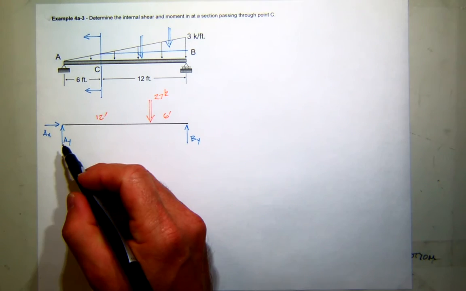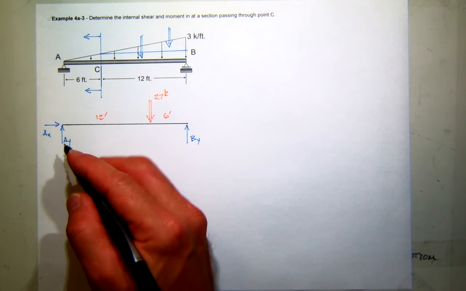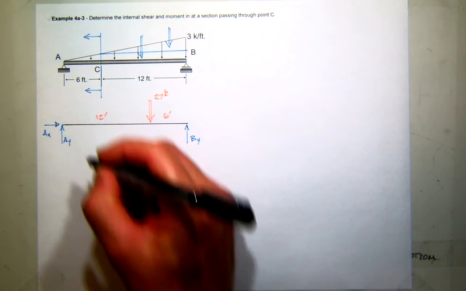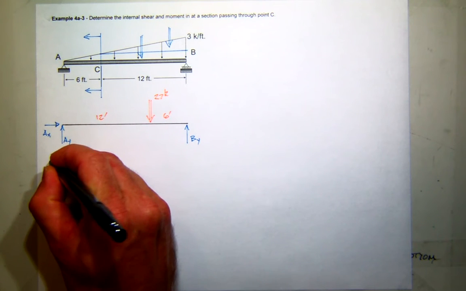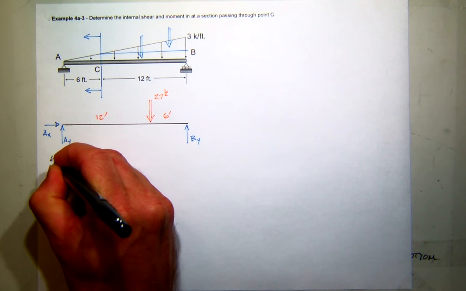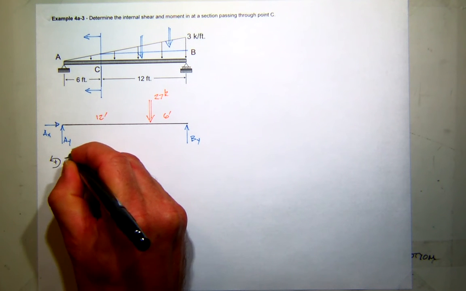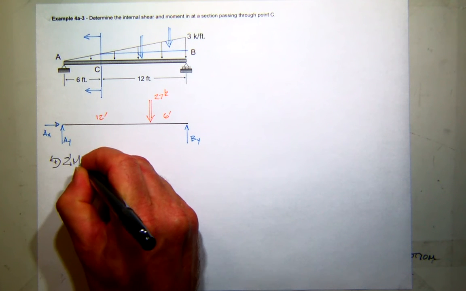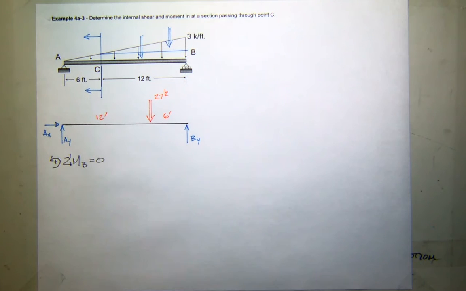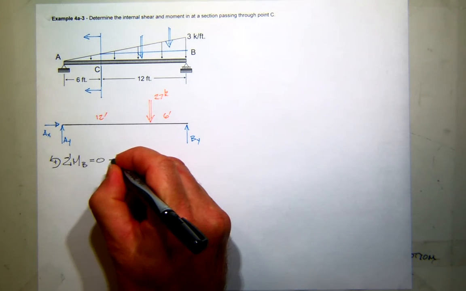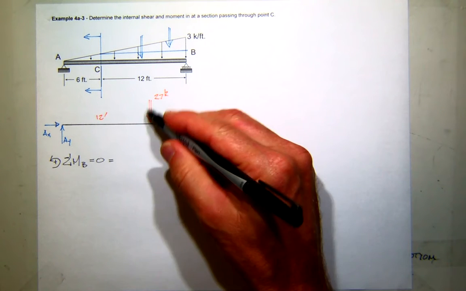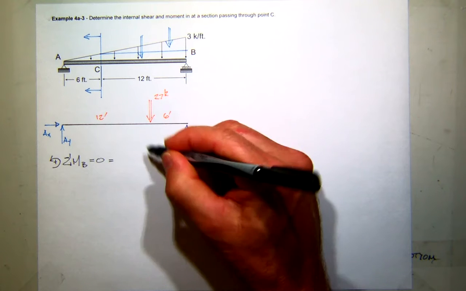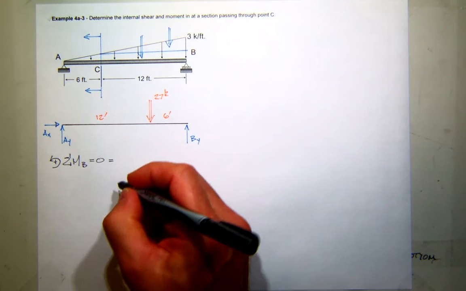So remember, I'm trying to find my stuff at A, so what do I do first? What's a good thing to start? That's a good idea. So I'm going to use right-hand rule for my sign convention for moments, and I'm going to sum the moments at B. When I do that, about B, this 27 kip creates what kind of moment? Positive.